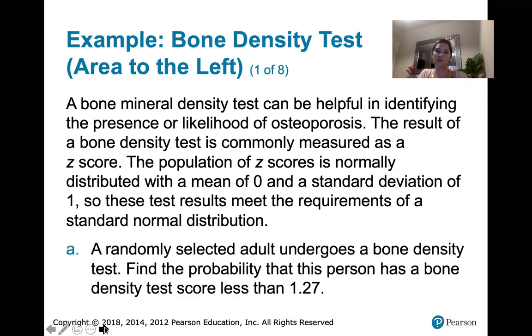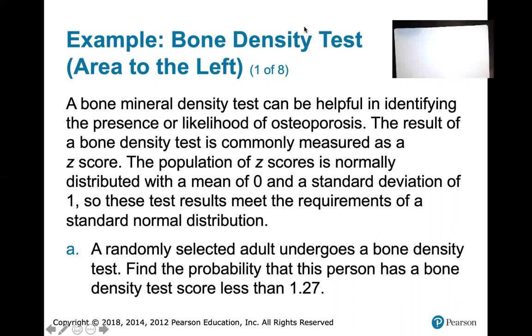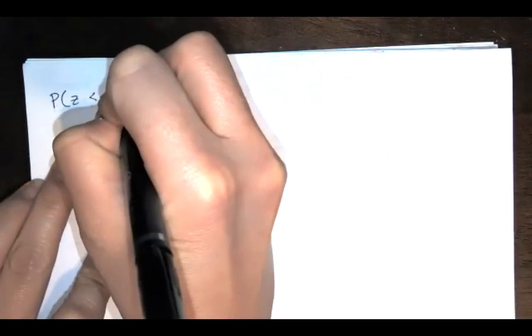Okay, the first part of this question says, a randomly selected adult undergoes a bone density test. Find the probability that this person has a bone density test score of less than 1.27. In order to show you how to solve this, I'm going to share my paper with you. Okay. So they want the probability that the z-score, that test score, is less than 1.27.